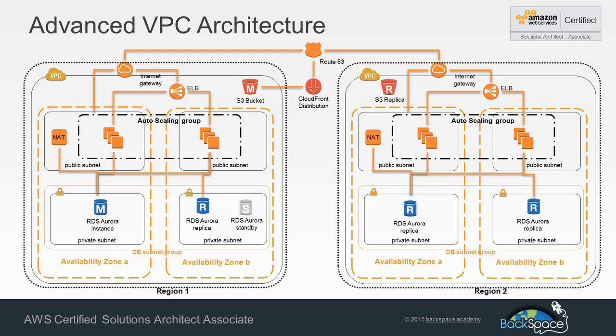It has cross-region capability. And so we can actually create a cross-region read replica of our RDS Aurora instance and have that located in our new region, and that will speed up our reads for that database significantly and reduce the latency for that end user.